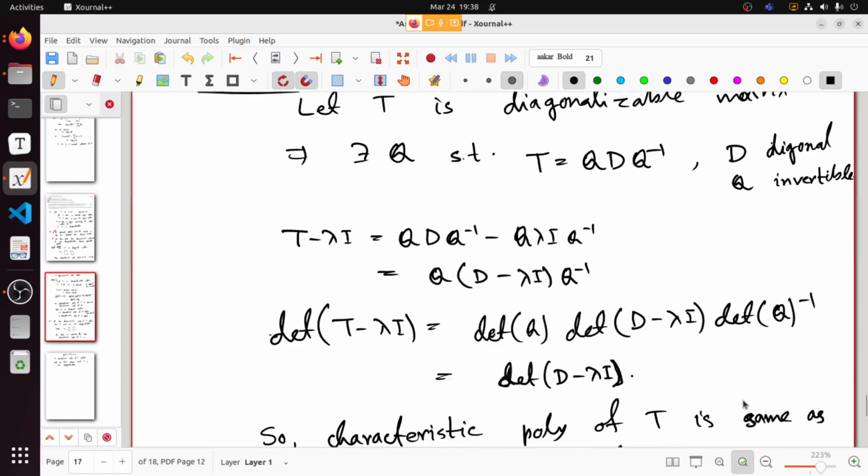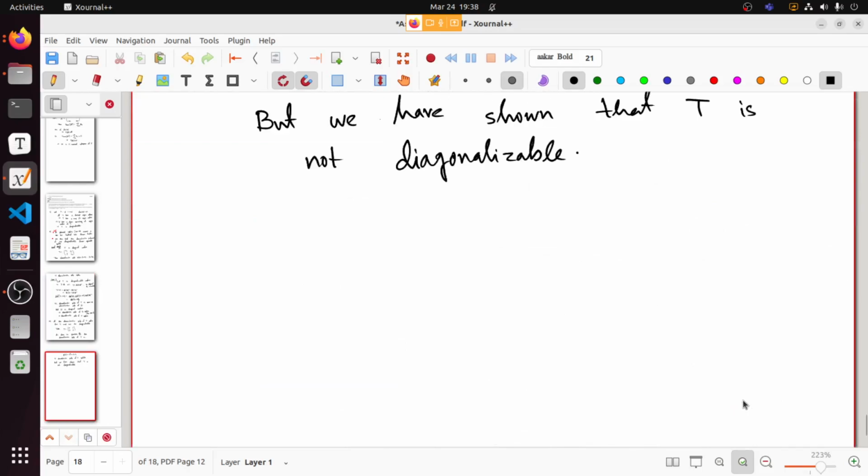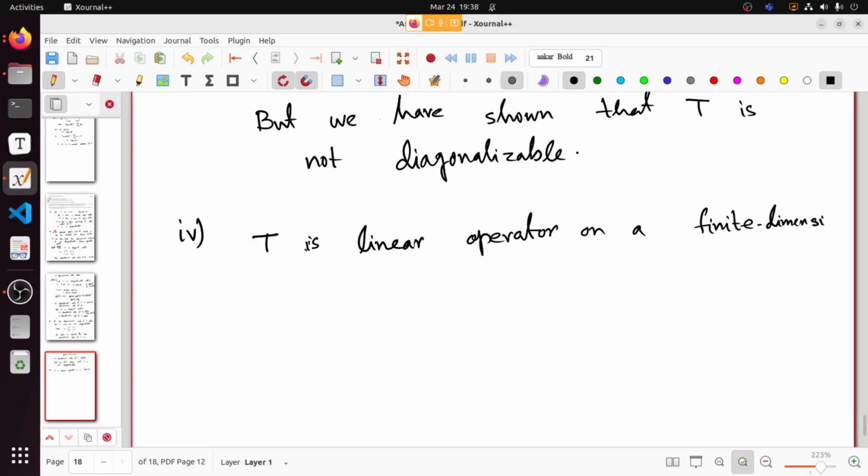We will prove this. This is option number 4. What is this? A linear operator on a finite dimensional vector space V such that the characteristic polynomial splits.